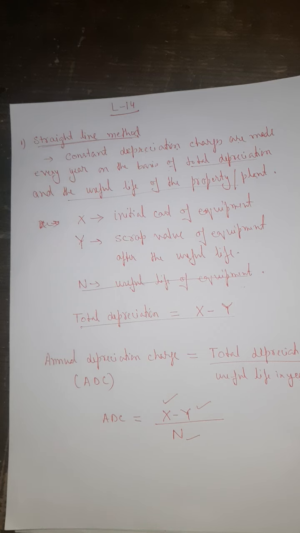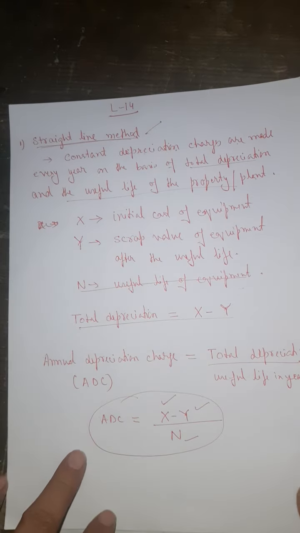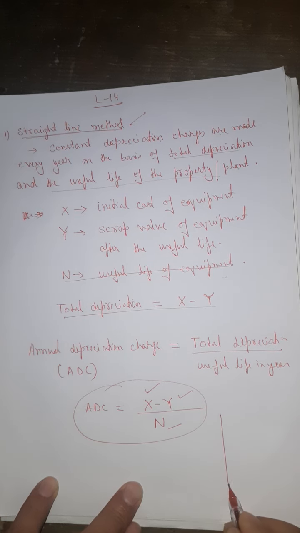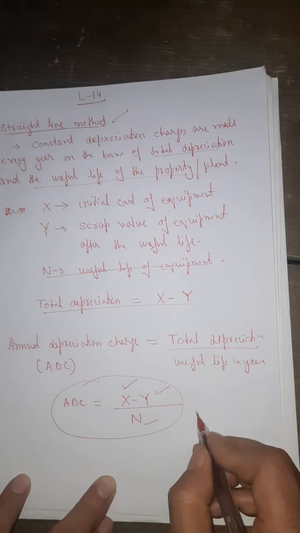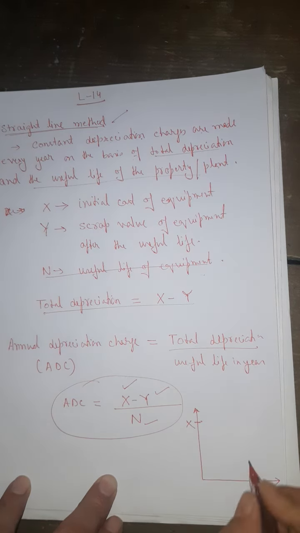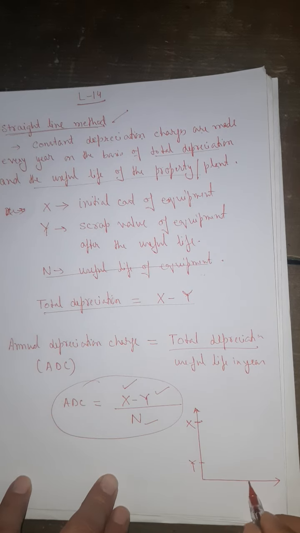How will the graph of this annual depreciation charge look? For the straight line method, I will draw the graph like this. The initial cost was X, the scrap value was Y, and the useful life was N years.